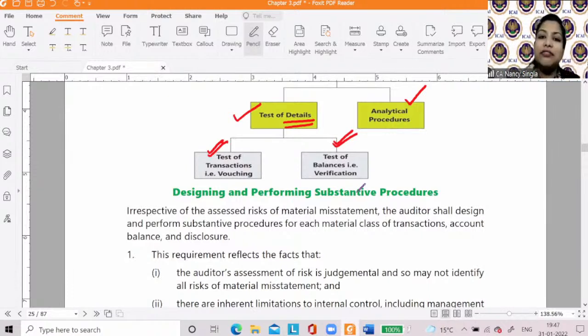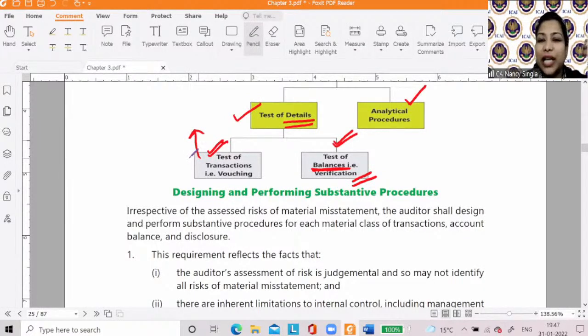When the auditor is verifying whether that balance has been correctly accounted for in the books of account, that is called verification. The auditor may go and check the documentary evidence, or he may observe. So when he's checking the balances appearing in the balance sheet, it becomes verification.